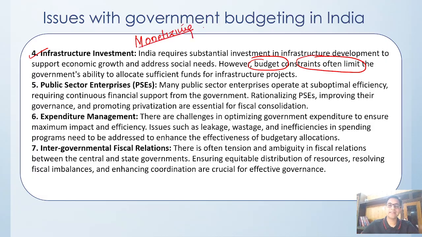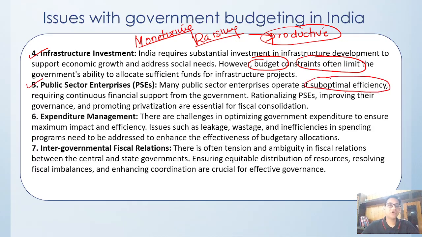Government is selling the old, dysfunctional PSUs, raising the money and utilizing it in some productive sector. We call it disinvestment also. Then public sector enterprises are working at suboptimal efficiency, so they are again burdening the government resources.